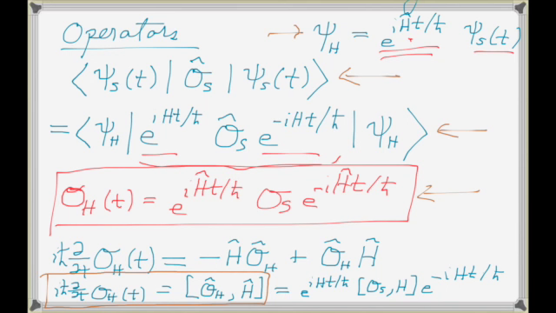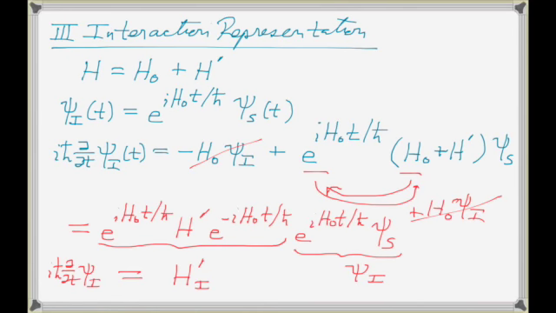And the final one, so you've probably run across these. The final one is probably the one you've had the least experience with, the interaction representation. Again, we need a bare Hamiltonian that you can solve exactly, and H prime. This is what you use when you do perturbation theory.